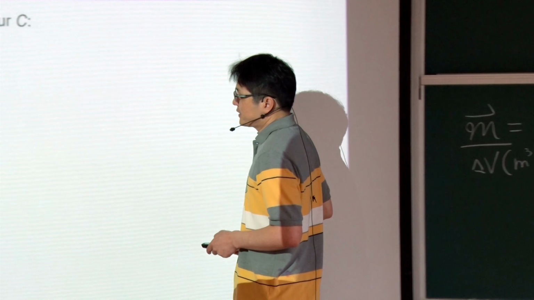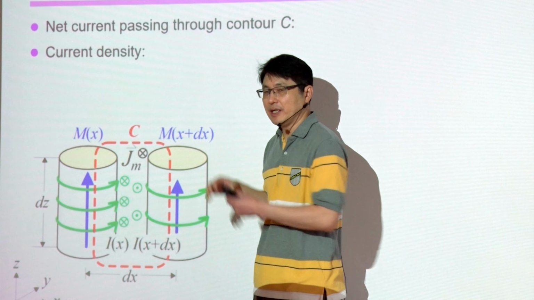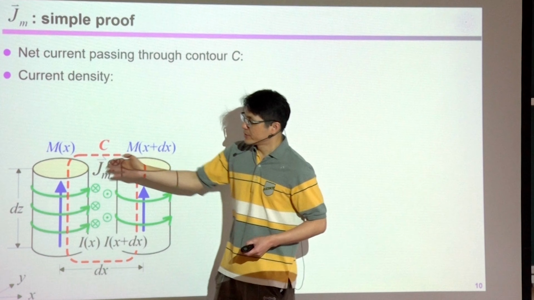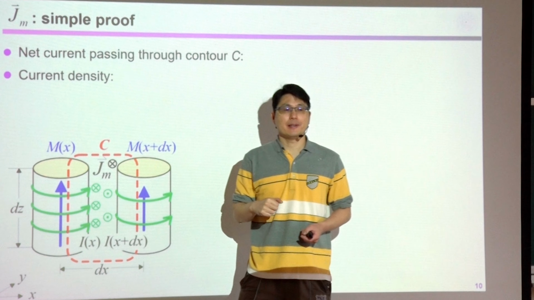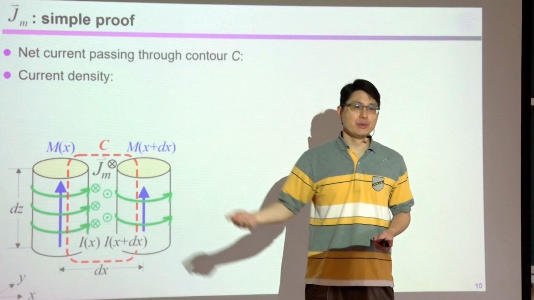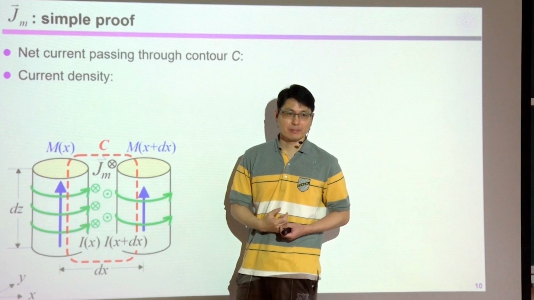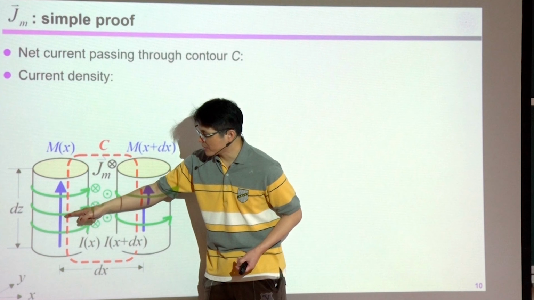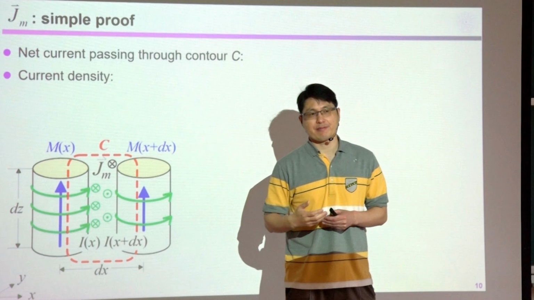So let's look at, well, a really inhomogeneous material in a microscopic sense. So over to the left, you have a stronger magnetic dipole producing material, and over to the right, you have a weaker one. So I'm using 3 current loops and 2 current loops to reflect that fact.